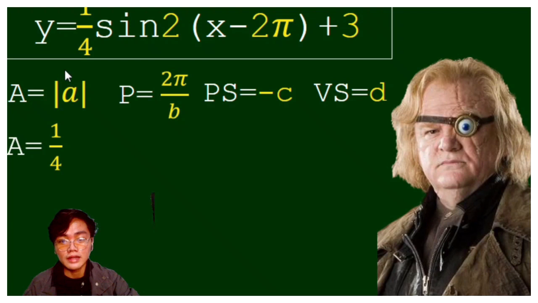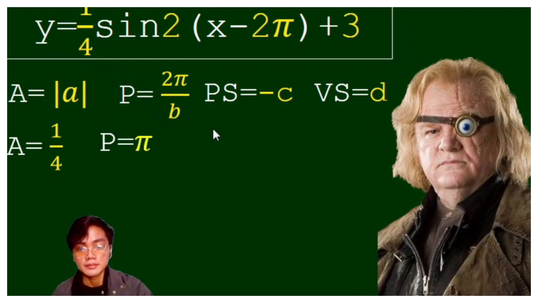The absolute value of 1/4 is 1/4, so the amplitude is 1/4. Now the period is 2 pi over b. We know that b is 2. Substituting 2 into the formula, period equals 2 pi over 2. Simplifying, the period is pi.